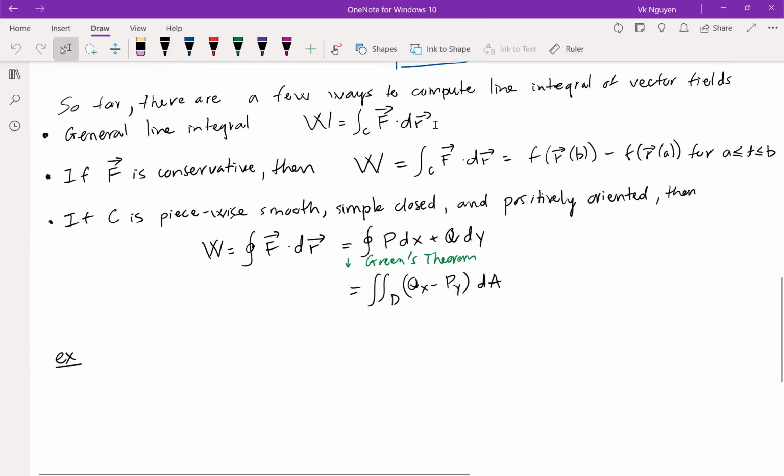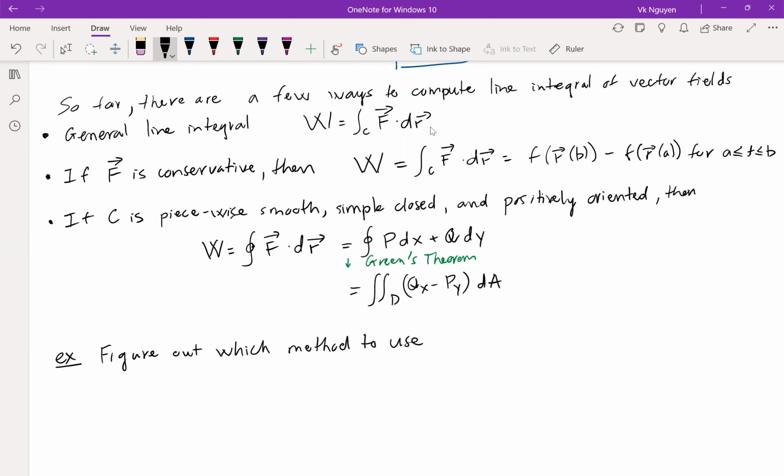Figure out which method to use. Find the work done by the force field.